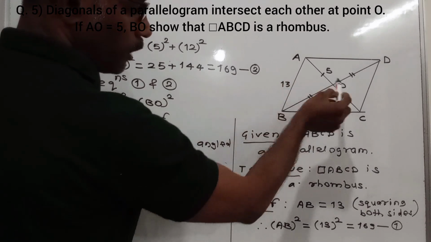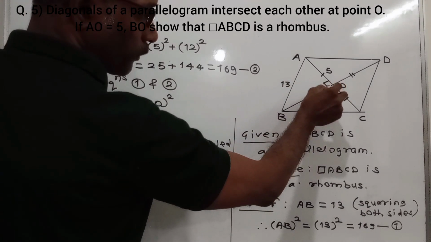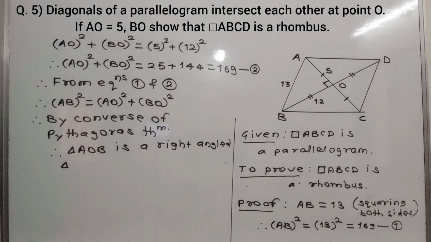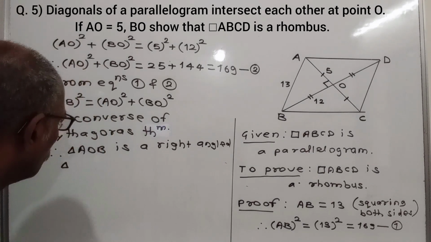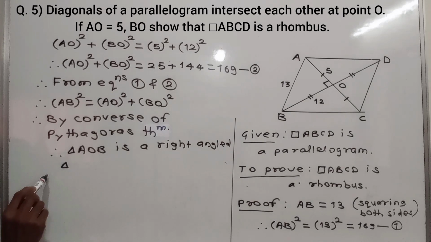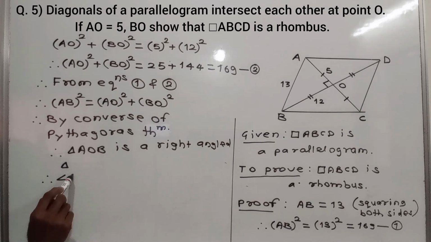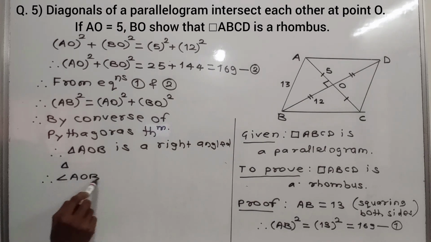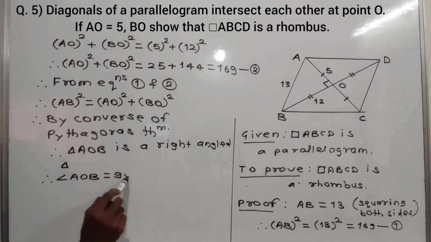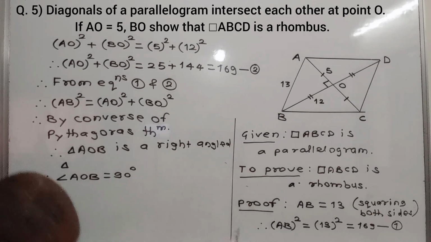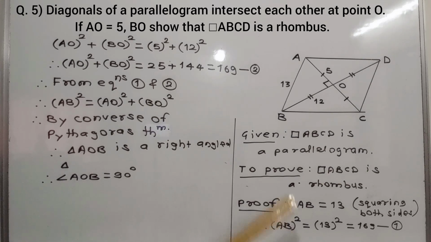Therefore, angle AOB is 90 degree. Now listen to me carefully. Angle AOB is equal to 90 degree. This angle AOB is 90 degree.